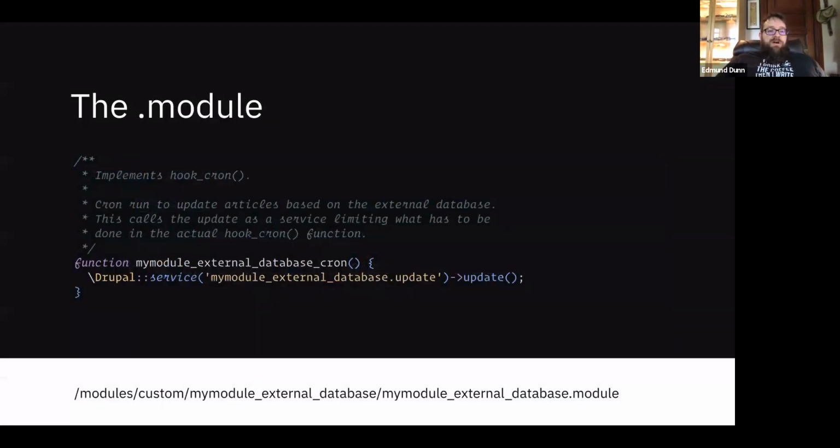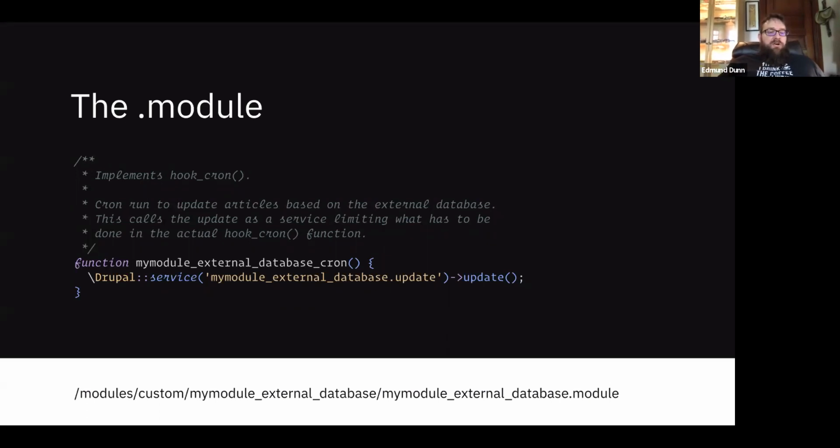So inside the .module file, we had one real function that we're calling here, and that was hook_cron. And this sets up and engages with Drupal's built-in cron functionality and calls the service.